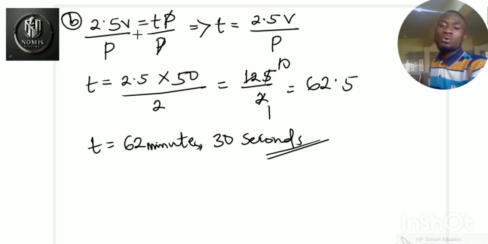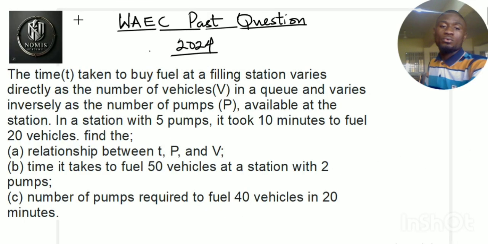So let's go to the third one, C. Question C says, the number of pumps that will be required to fuel 40 vehicles in 20 minutes. So what happens in a station where there are 40 vehicles and you have to fuel them in 20 minutes? So how many pumps should be at work?